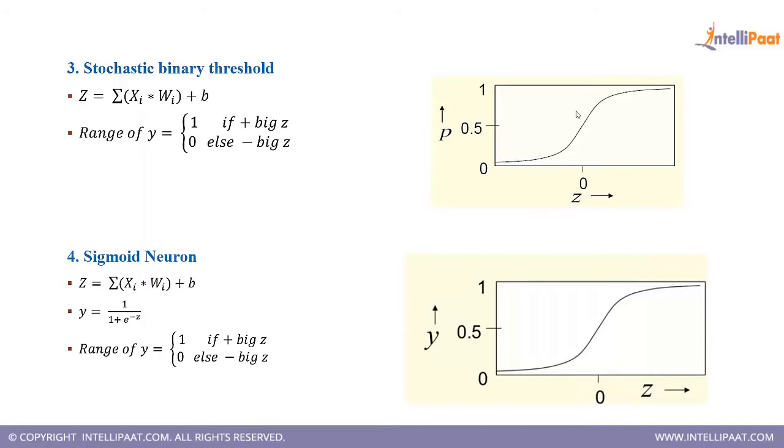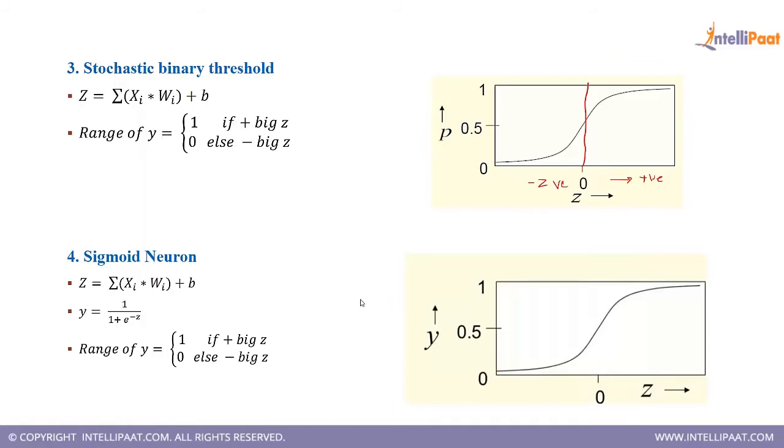That filtration comes in here. Here is your positive value, and here the negative z value. When you have a negative z value, the probability will be like this. The y value turns out to be 0 or 1 based on this.